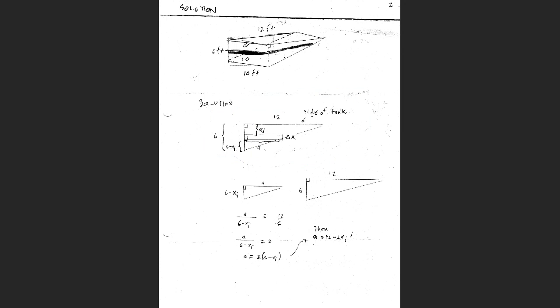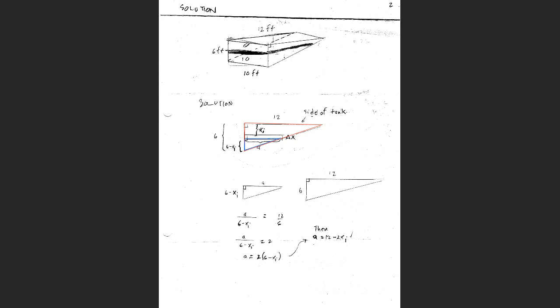So we have here a big right triangle, and we have here a smaller right triangle. See that? A big right triangle and a smaller right triangle.